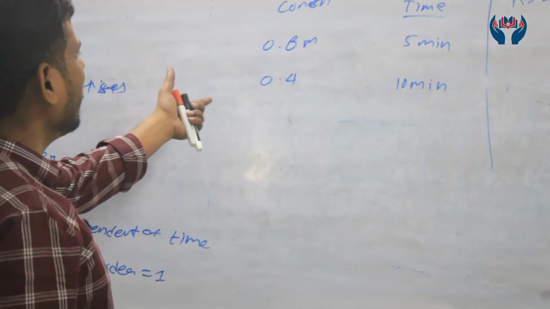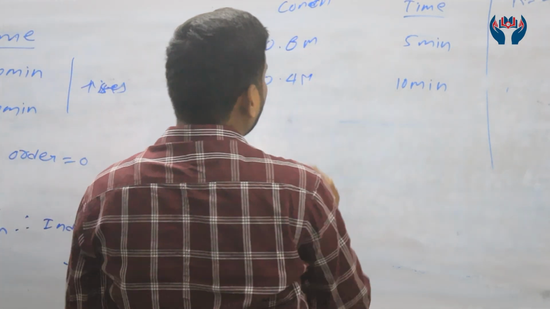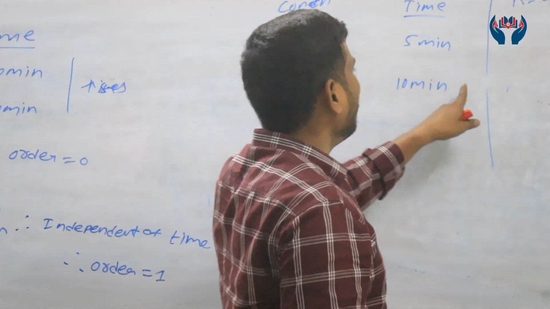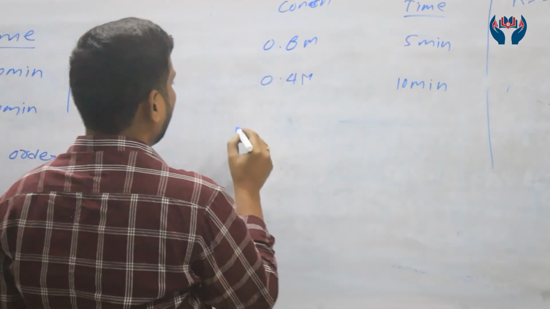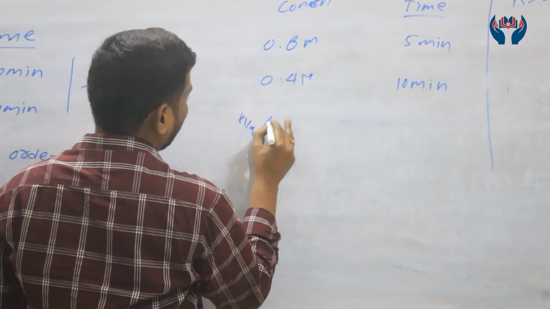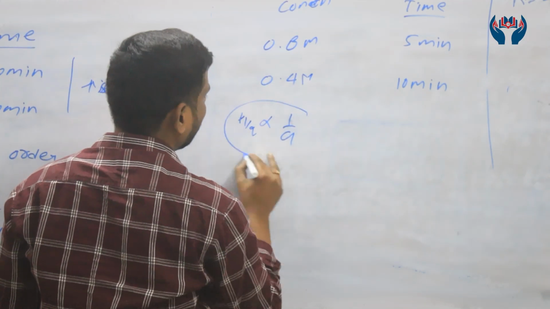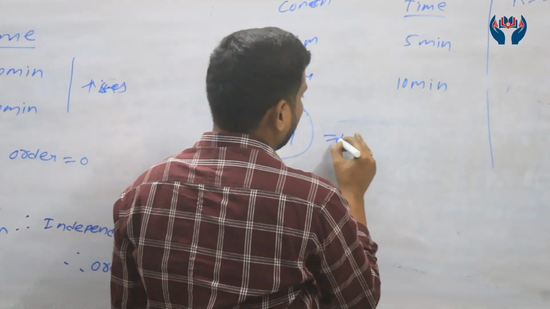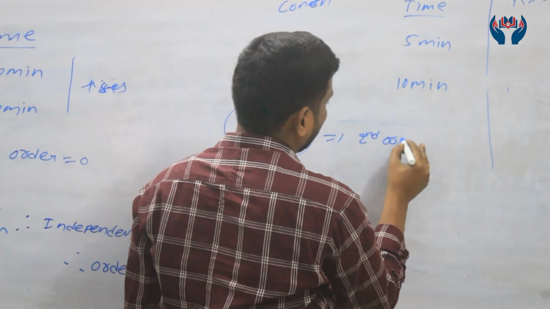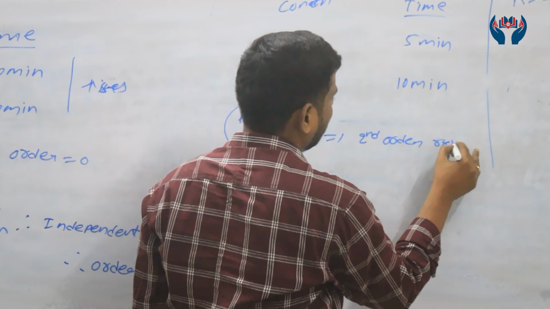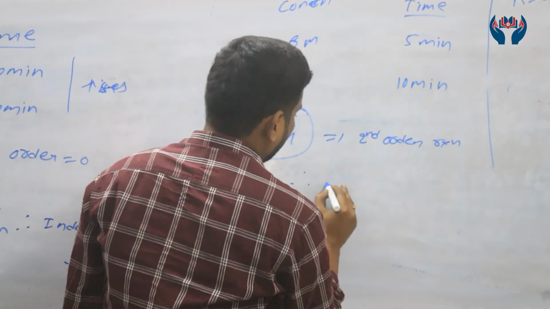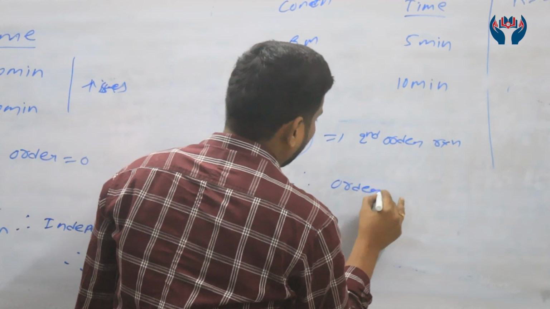In this relation, the concentration decreases but the time increases. Therefore, the half-life is inversely proportional to a. This is observed in second order reaction. Therefore, the order equals 2.